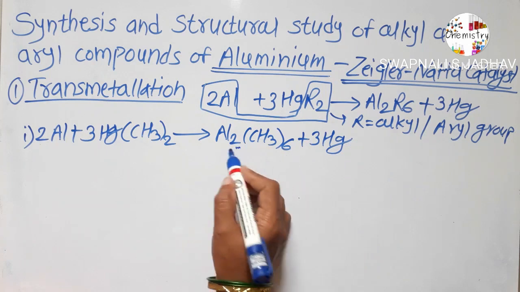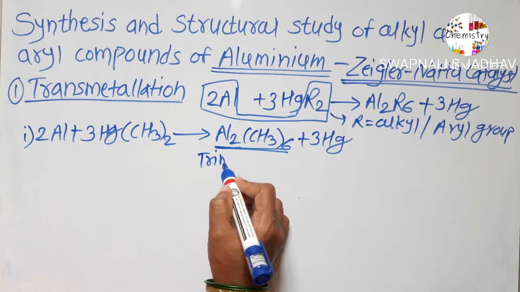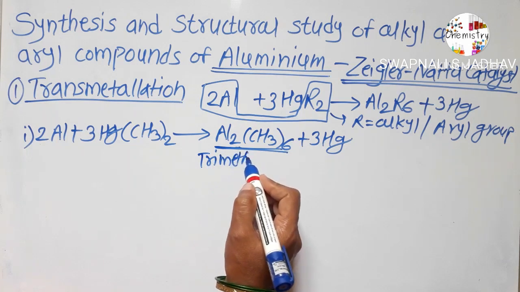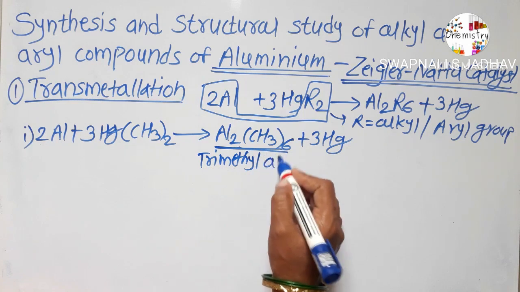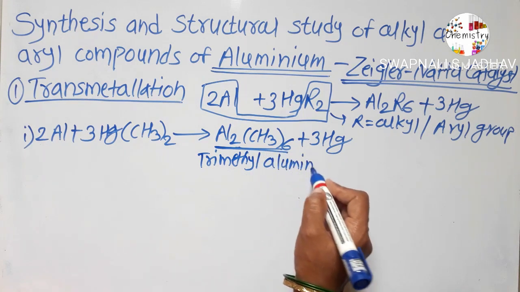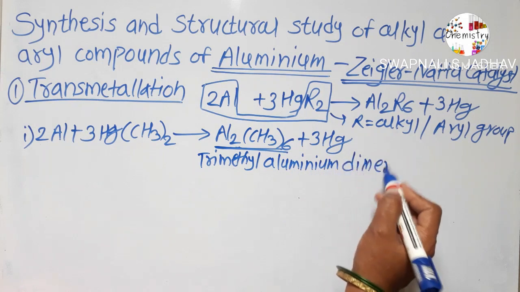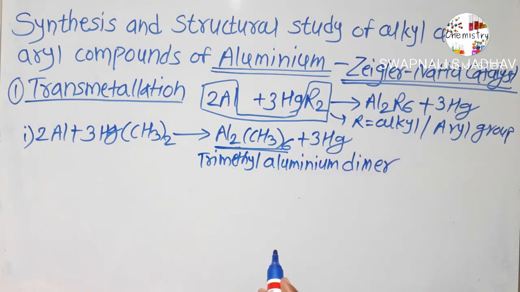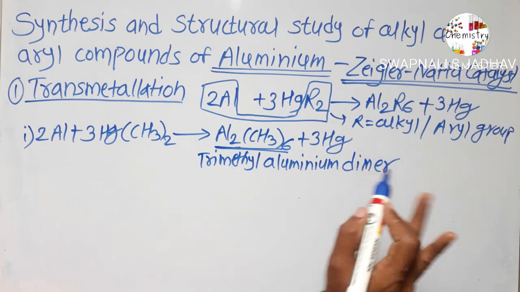And the name of that organometallic compound is trimethyl aluminium dimer. So this is an alkyl compound of aluminium.